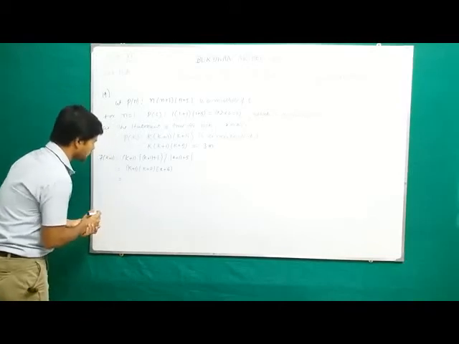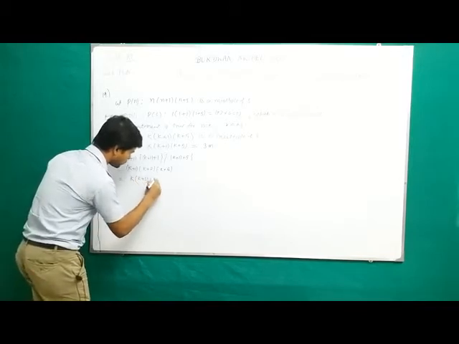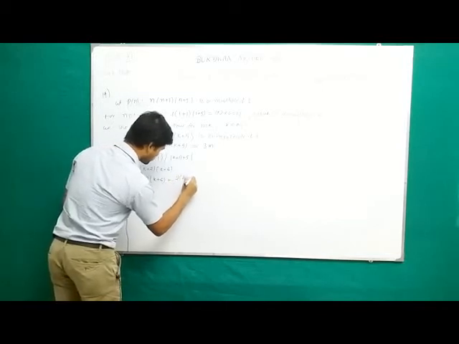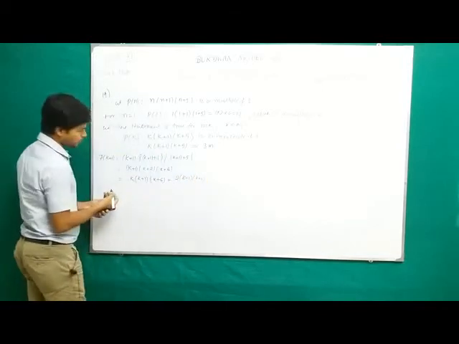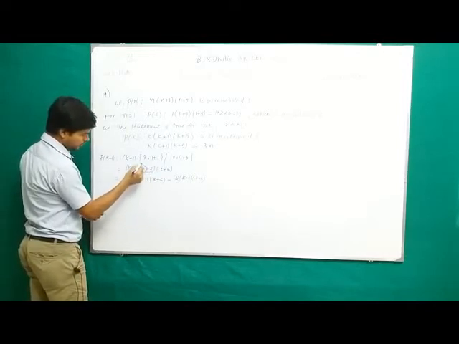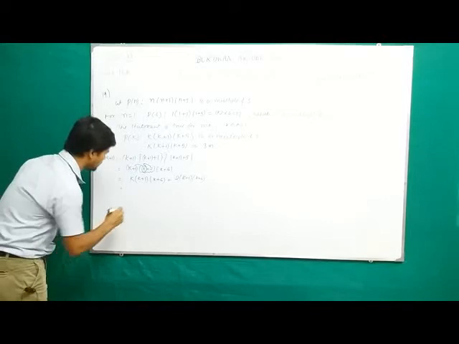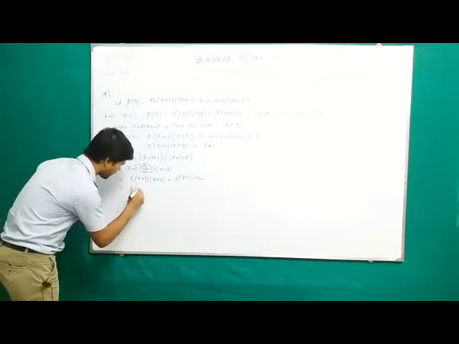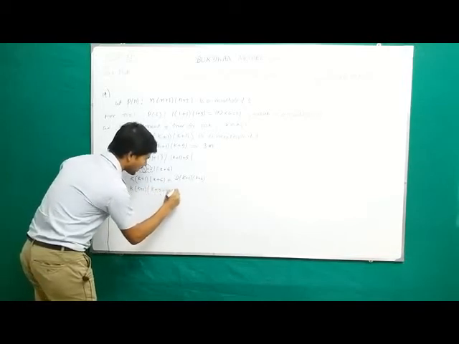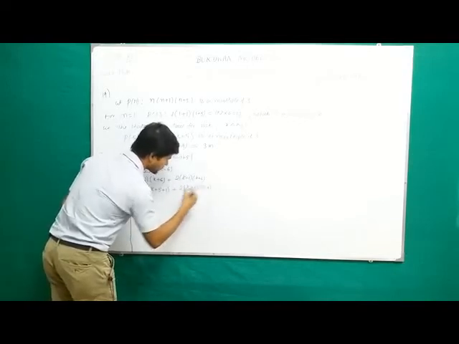Now look, this can be written in the form k into k plus 1 into k plus 6 plus 2 into k plus 1 into k plus 6. Means we are multiplying this expression with respect to this bracket, first multiplying with k and then by 2. Now k plus 6 can be written in the form k plus 5 plus 1, and the last term is 2 into k plus 1 into k plus 6.